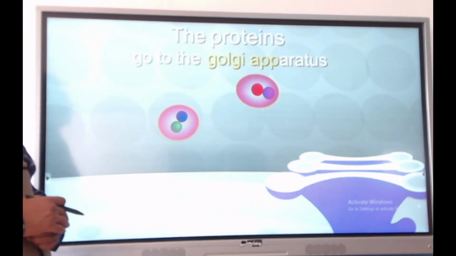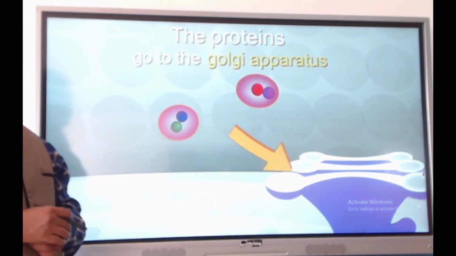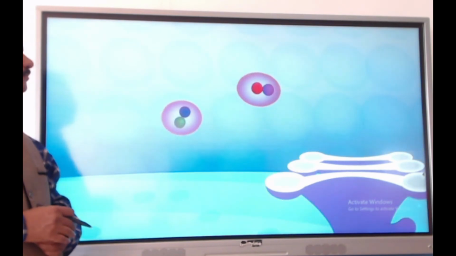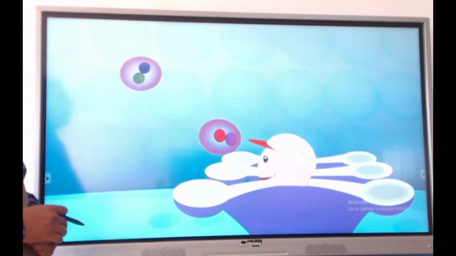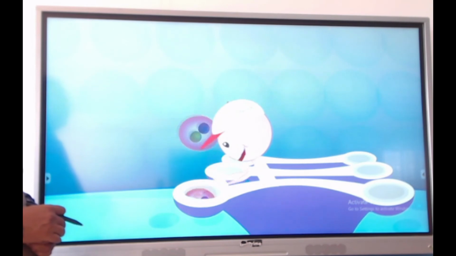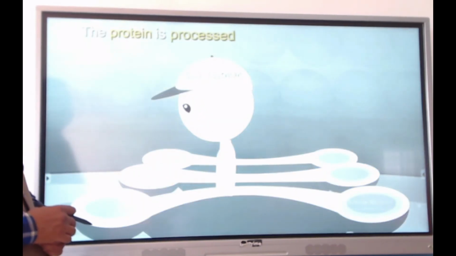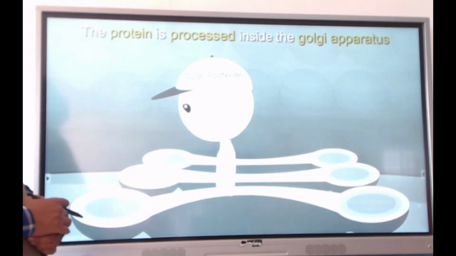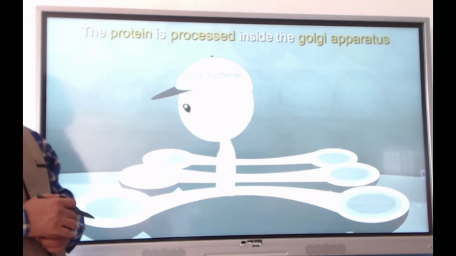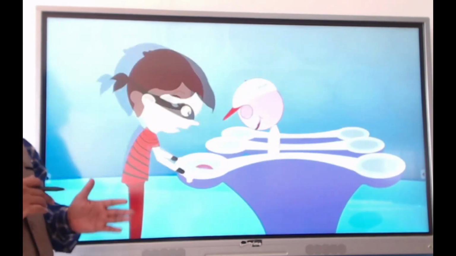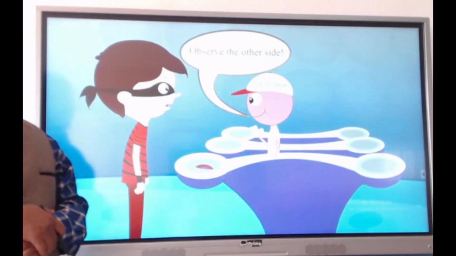So, Golgi apparatus. Whatever protein is there is processed inside the Golgi apparatus.